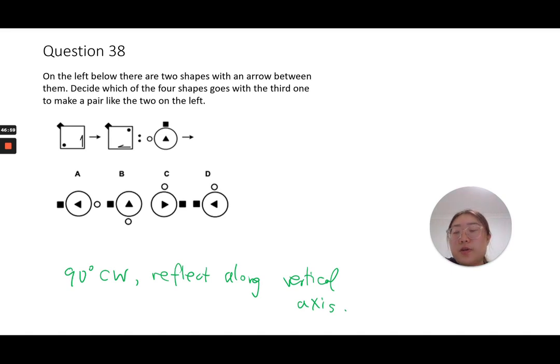So we're going to rotate that shape 90 degrees clockwise, and it's going to be a rectangle with that block here, and the dot here, and the base like that. If I flip that along this vertical axis, you see how it can turn into this shape? That's what's happening on our shape as well. It's going to rotate and flip, and you actually get D as your answer when you do that.